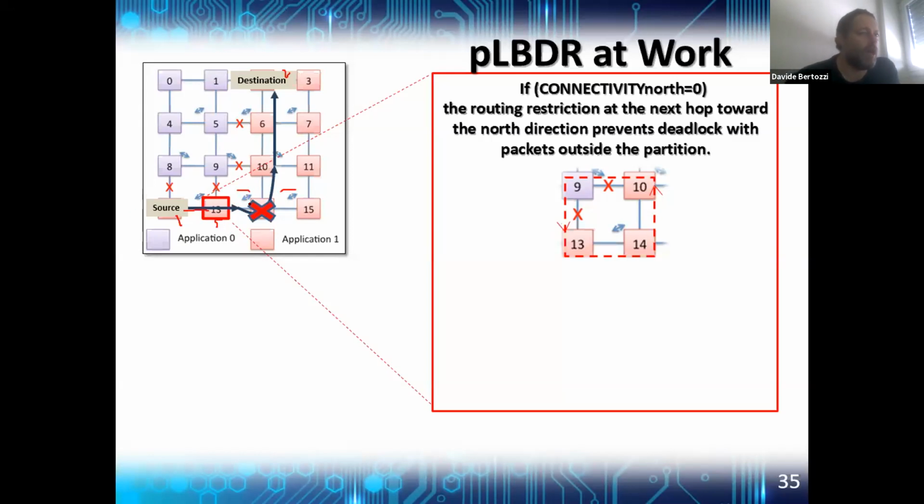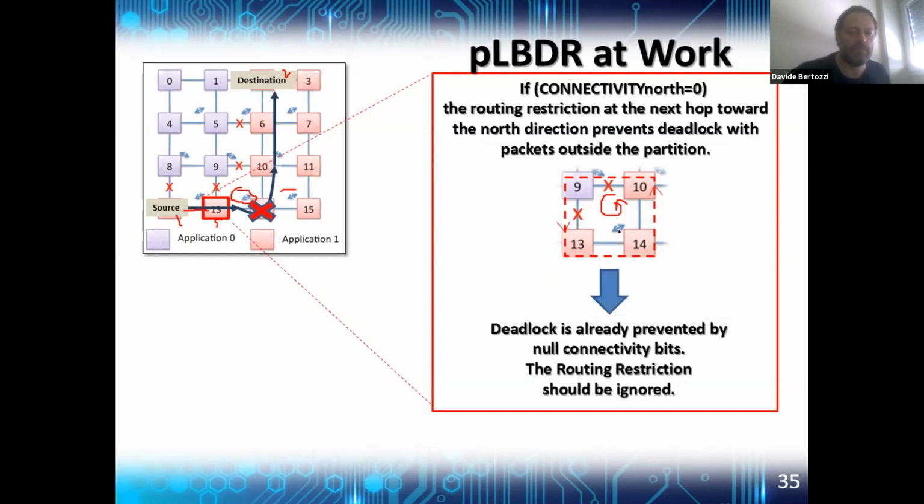Therefore, at the next hop, if I find a routing restriction to the north, it doesn't make sense. Why? Because it is closing a cycle with switches that belong to a different partition. So this deadlock will never occur. Therefore, the approach is simply to discard this routing restriction.